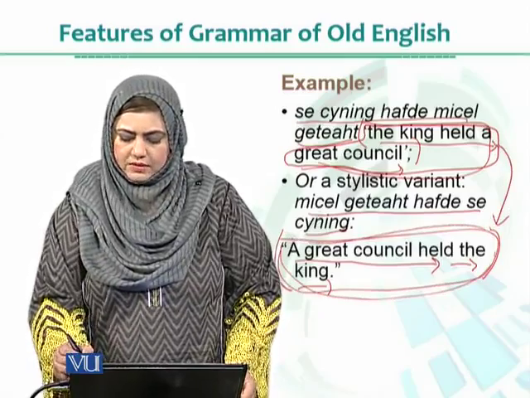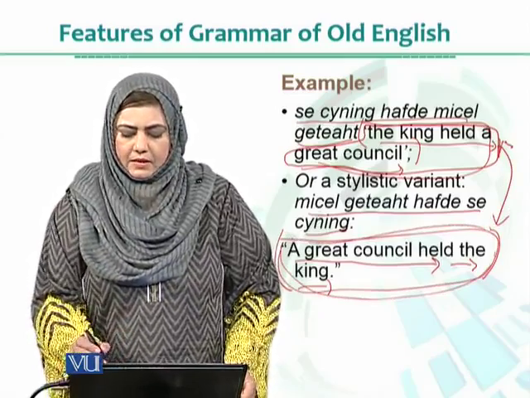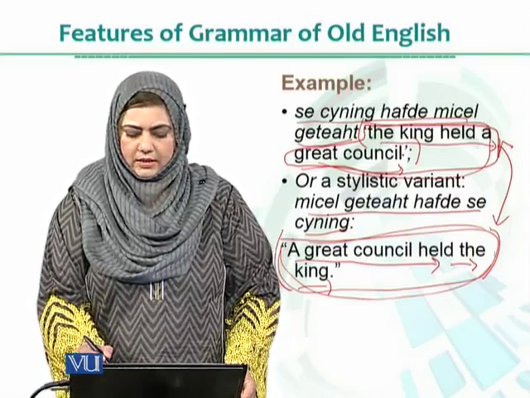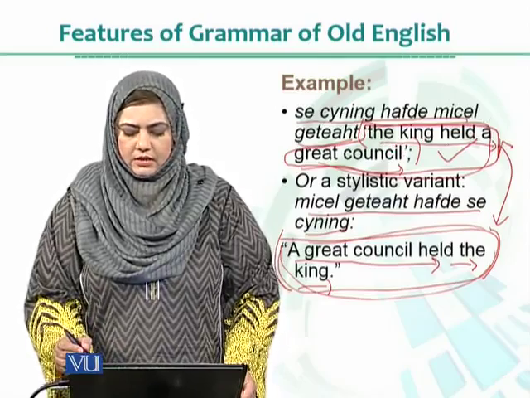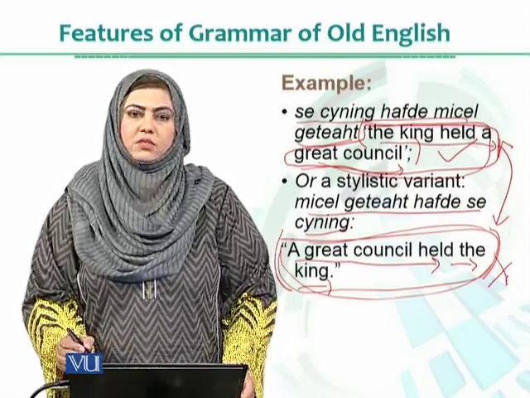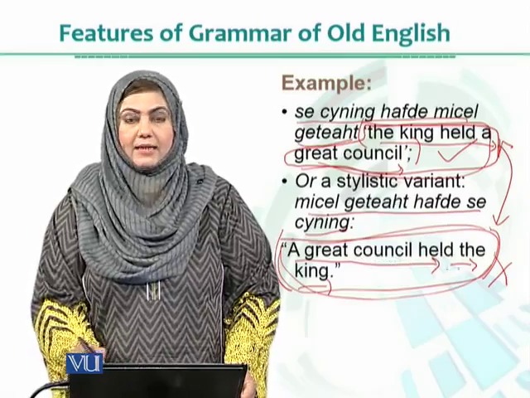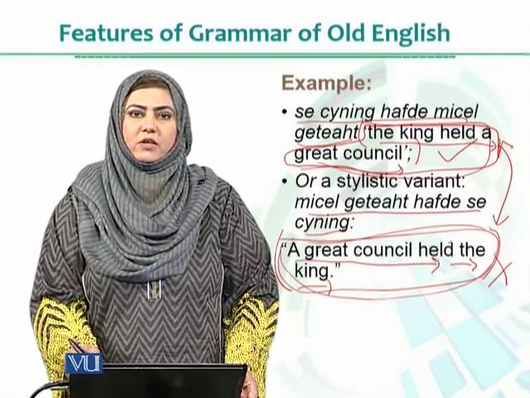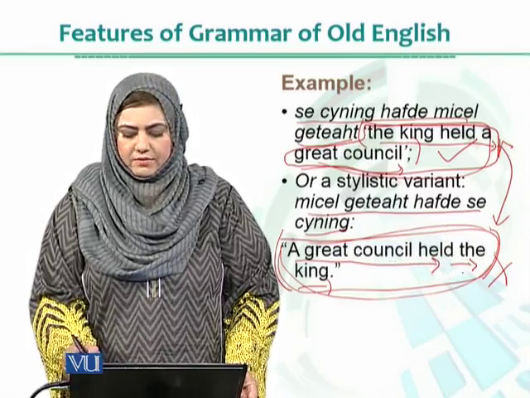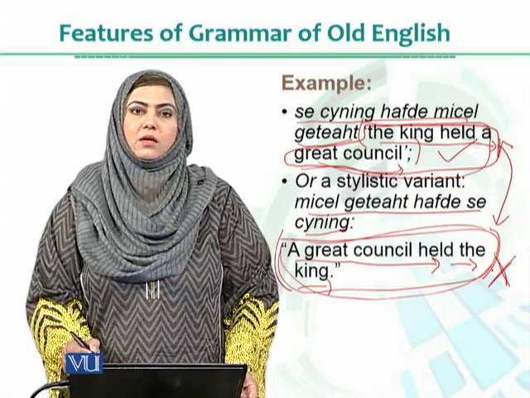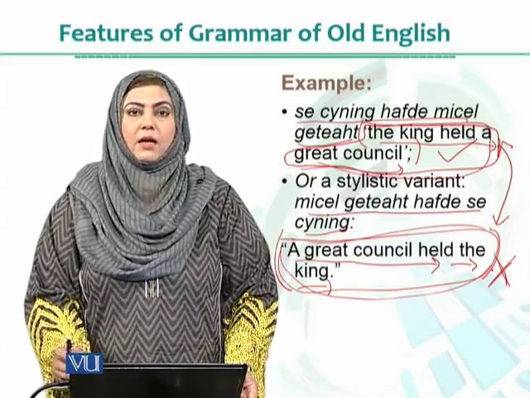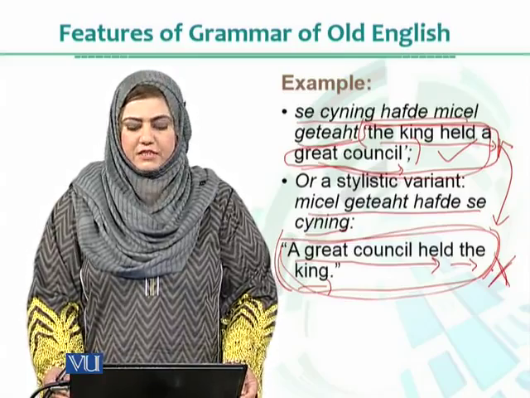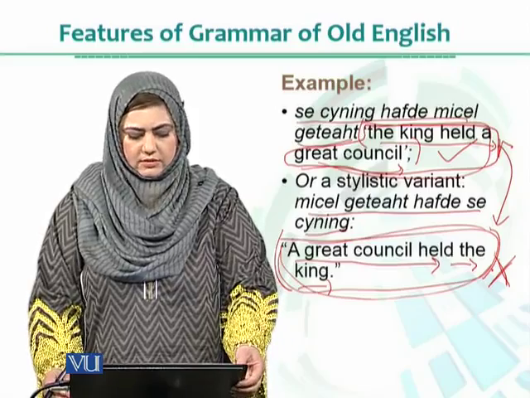Compare these two. The king held a great council: this structure is still used in modern English. But this structure is not used in modern English: a great council held the king. Unless it is poetry or an unusual grammatical structure in an unusual situation, this is not approved in modern English. But when we think of Old English, it was flexible enough and gave freedom to use both of these structures.